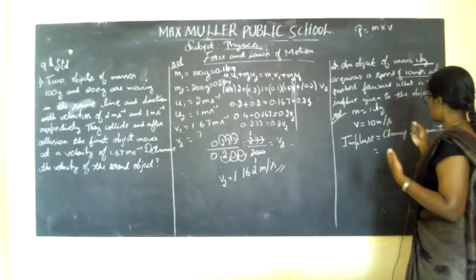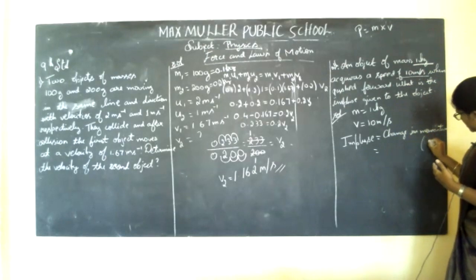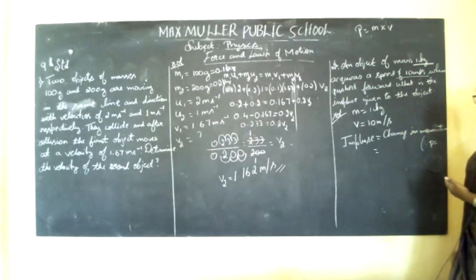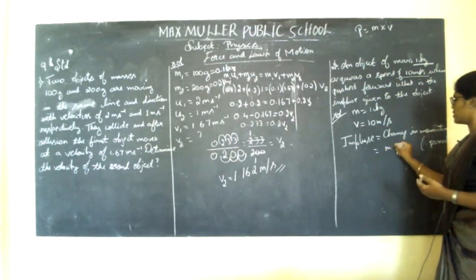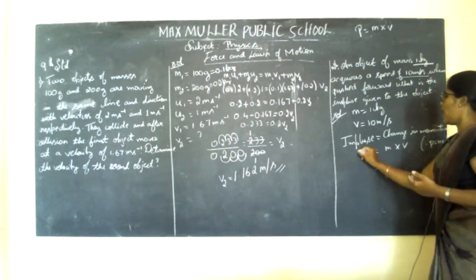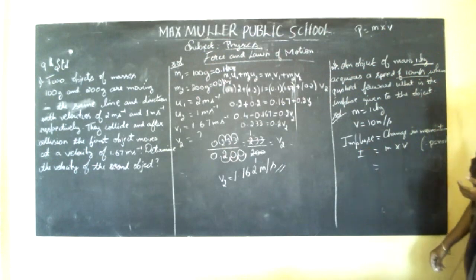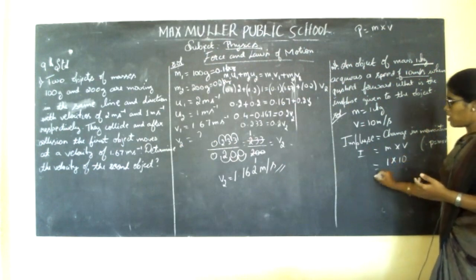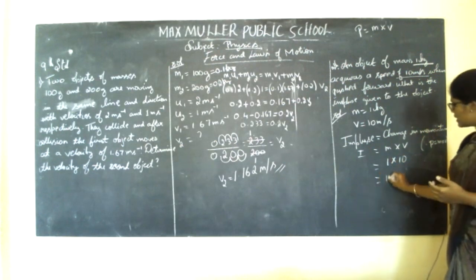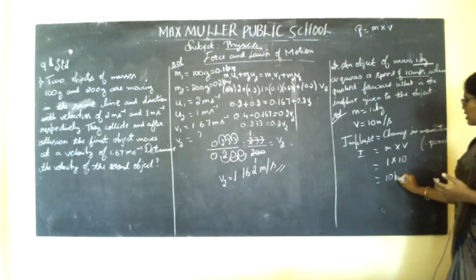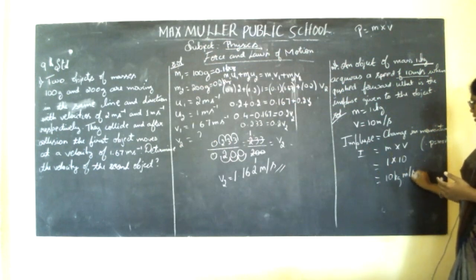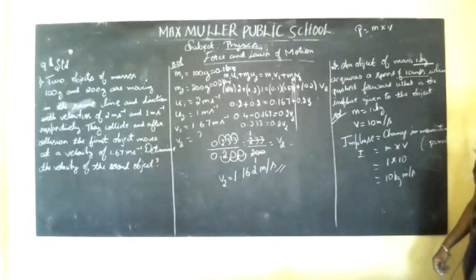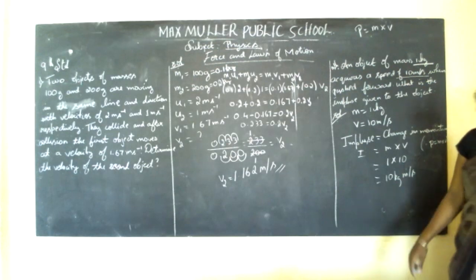Momentum is equal to mass into velocity. I will be equal to mass into velocity. Okay. Mass is how much? 1. Velocity is how much? 10. 1 into 10 is what? 10. Mass is kg. Velocity is meter per second. So you will have 10 kg meter per second as the impulse. See how it is easy? It is very much easier.